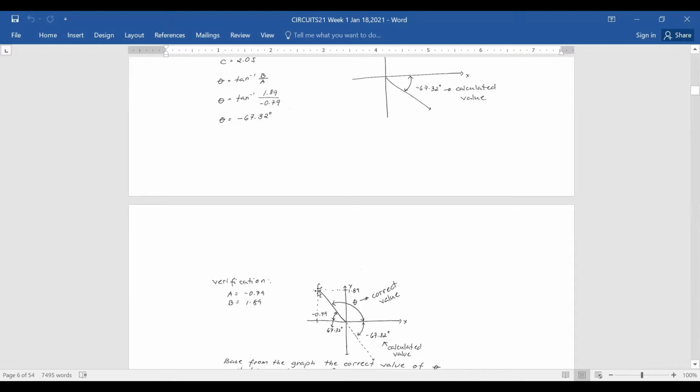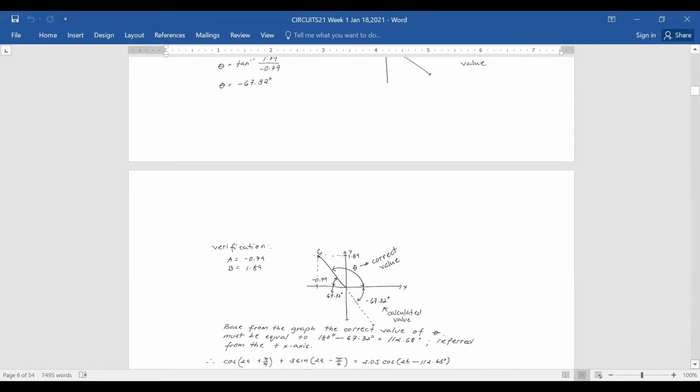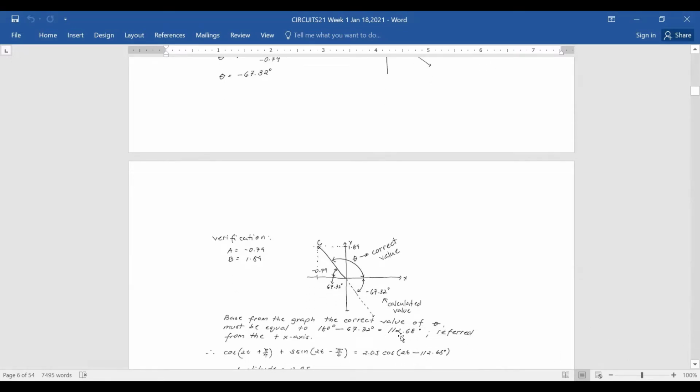Since the location of our C is here, to get this angle, we can use 180 degrees minus 67.32 degrees, and the answer there is 112.68.